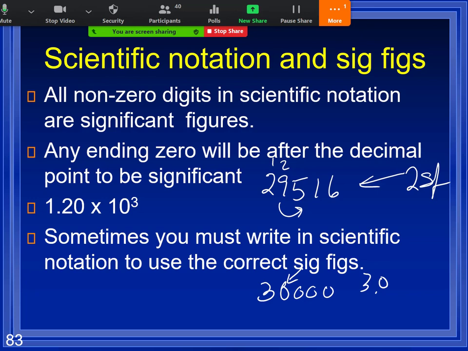So now I do the scientific notation part. Times 10 to what power? Well, I moved the decimal point 1, 2, 3, 4 times. And I made the number smaller, so I need to make the exponent bigger. So 3.0 times 10 to the 4th. That's 30,000 with 2 sig figs.